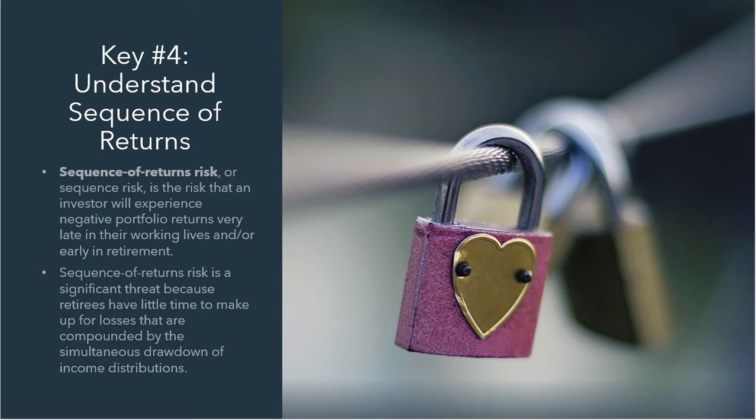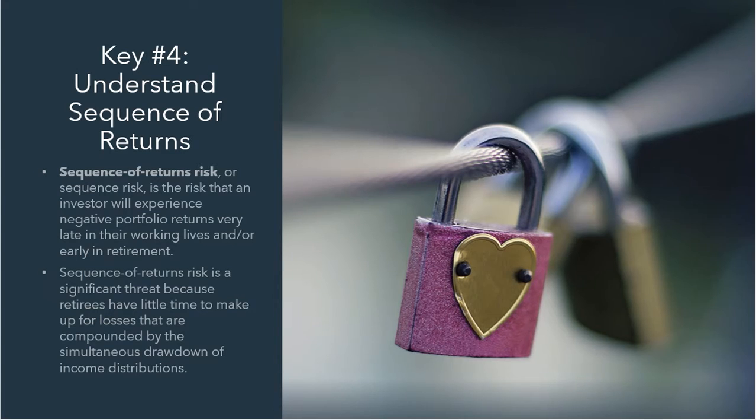So now you went from $100,000 down to $90,000 plus the 4% withdrawal. So now you have a 14% deficit that you have to make up, plus the 4% next year, plus that additional runway. So the sequence of return risk could be a killer when it comes to retirement income.